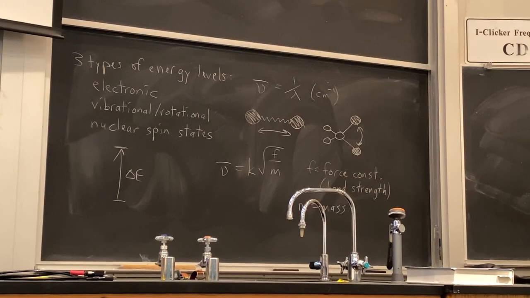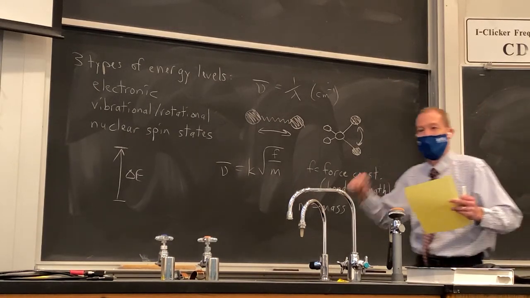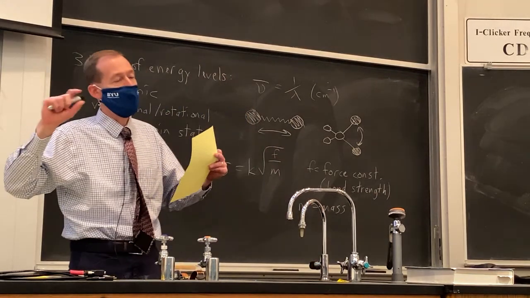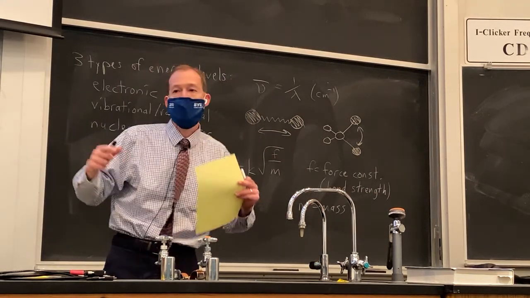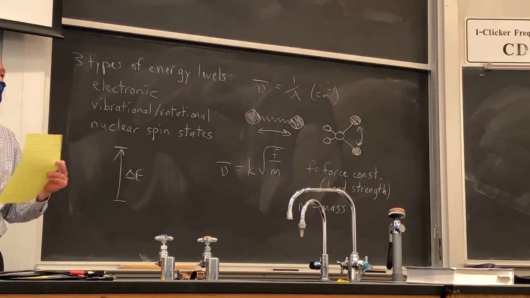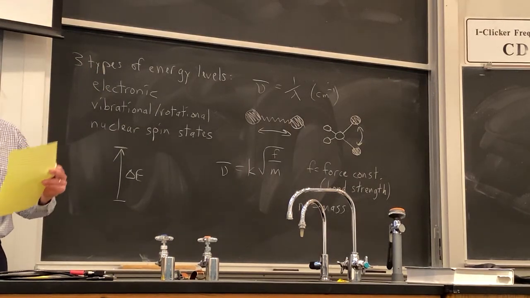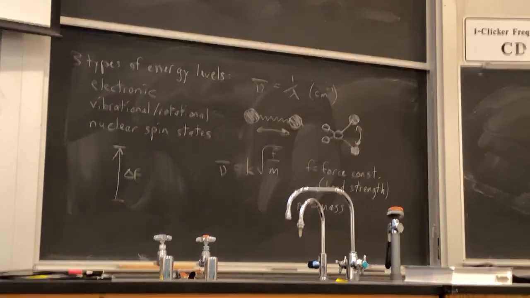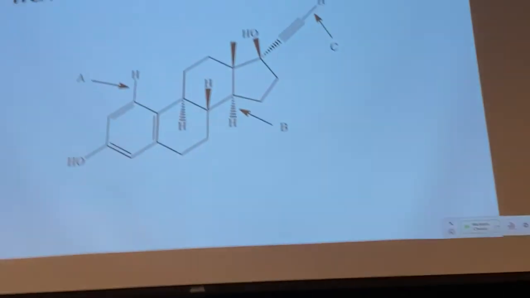So if we have lower atomic mass atoms in the bond, we're going to need higher energy to cause those bonds to vibrate. So Hooke's law is what tells us, or allows us to predict, where the different bonds are going to stretch and bend in the IR spectrum. So based on what we've told you, we're going to skip that, and we're going to get out our iClickers.